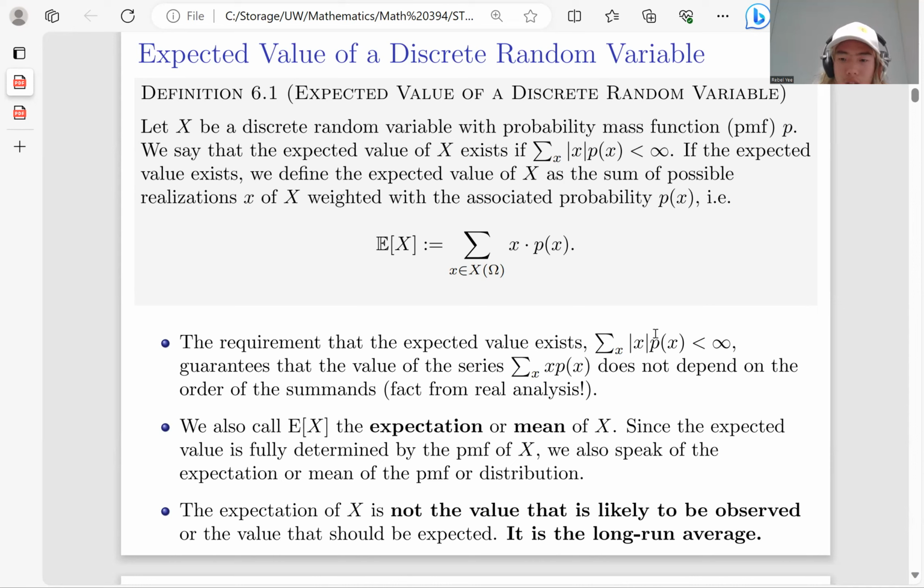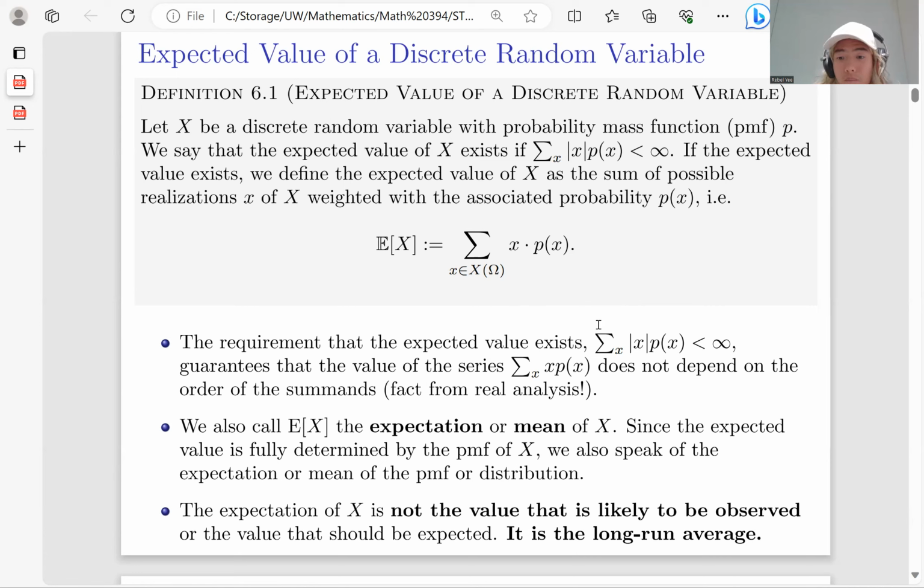Based on real analysis, if you change the order of that summation, then the value will vary around the infinite. So in that case, we cannot calculate the expected value.